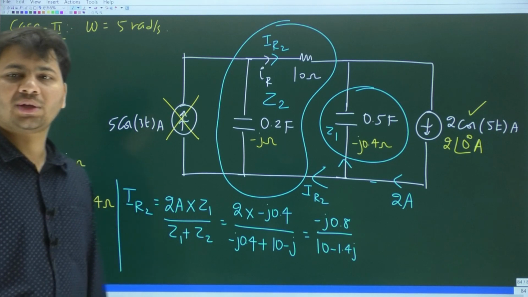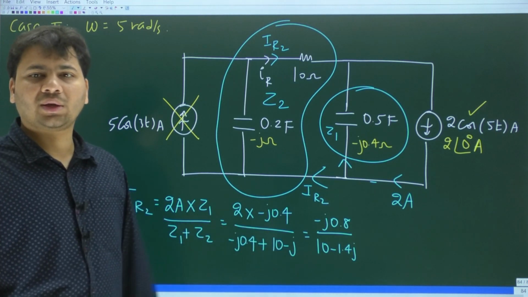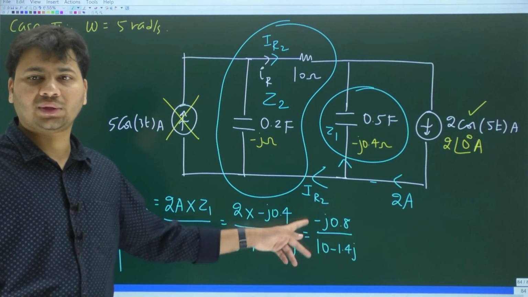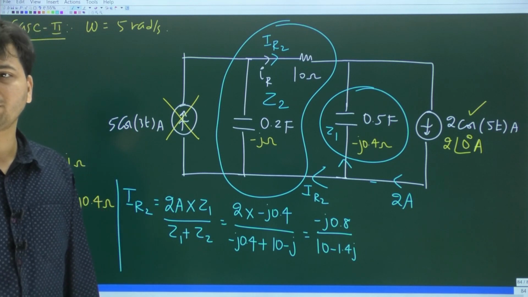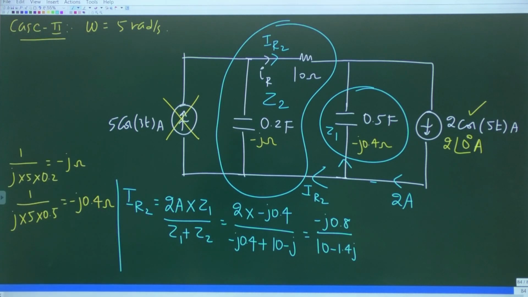Again, someone please tell me what is this in its polar form. Okay, 0.08 at an angle minus 82 degrees. I am just approximating.